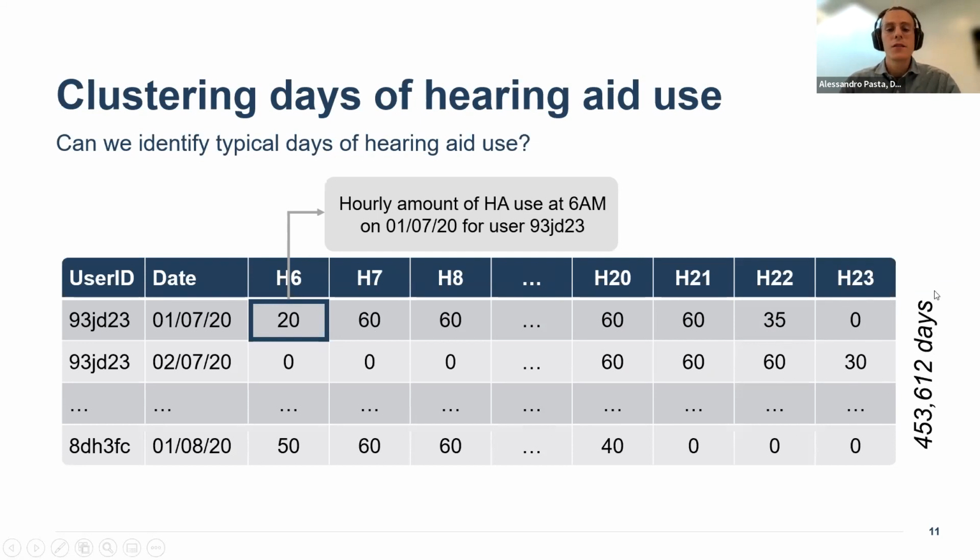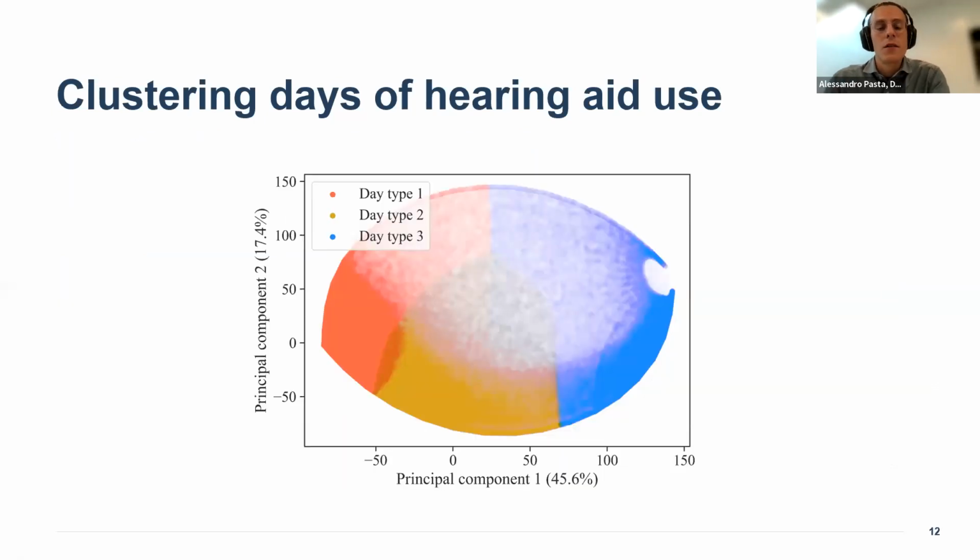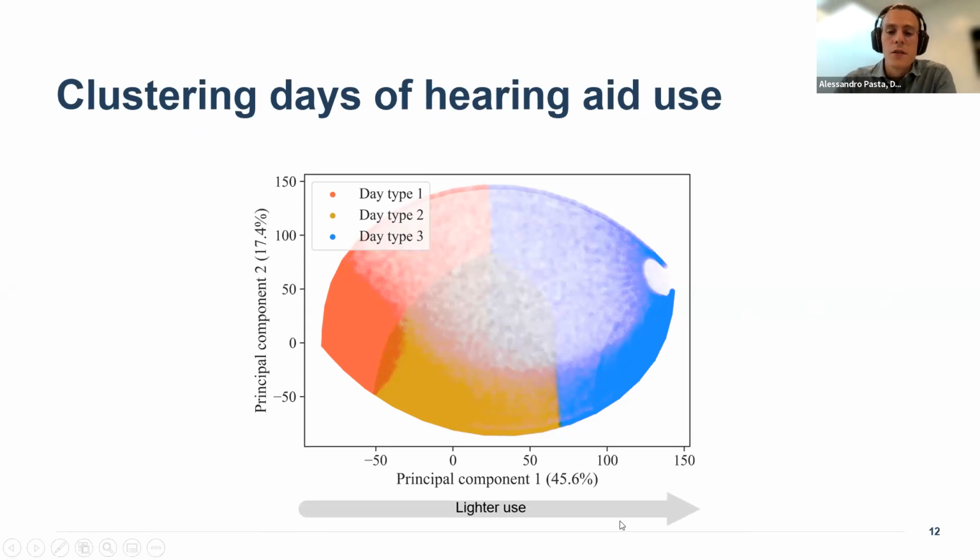We clustered this data based on a k-means algorithm and we found the 3 cluster solution to be the most suitable. Here you can visualize all our days of hearing aid use plotted by the first and second principal components, where you can see that more to the right, we see lighter use compared to the days that are plotted on the left.